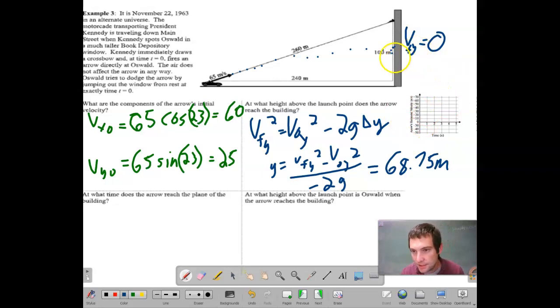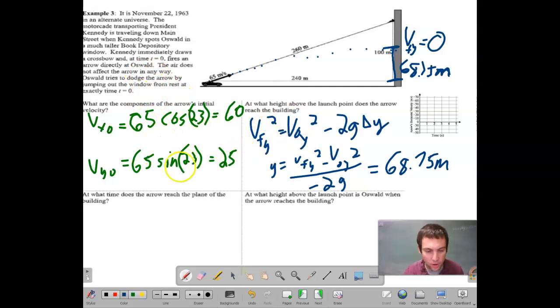So it's going to be 68 meters from here to there. That's not quite at the top. Nice try, Mr. President.